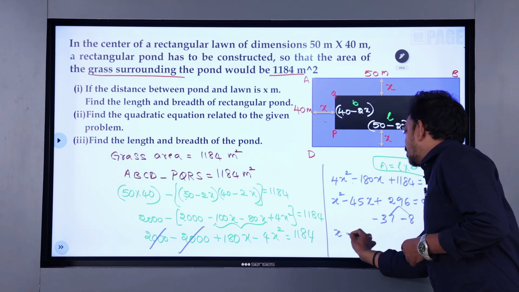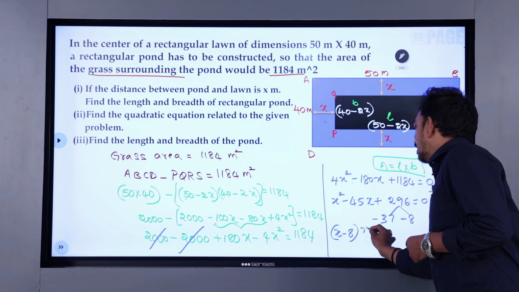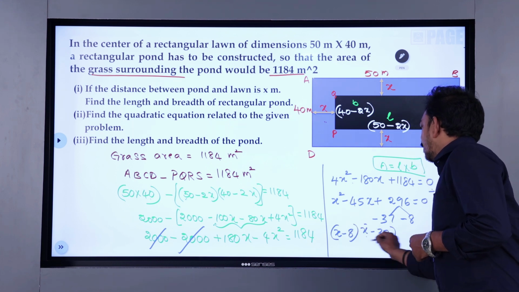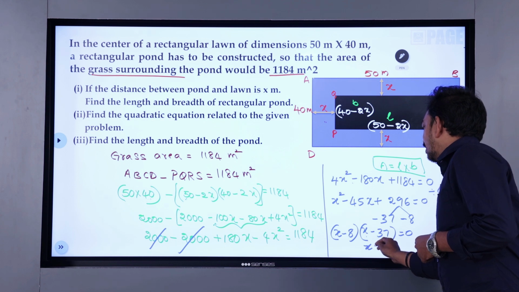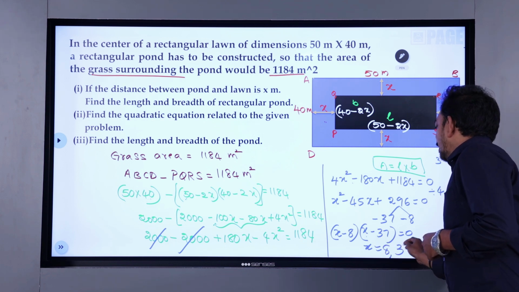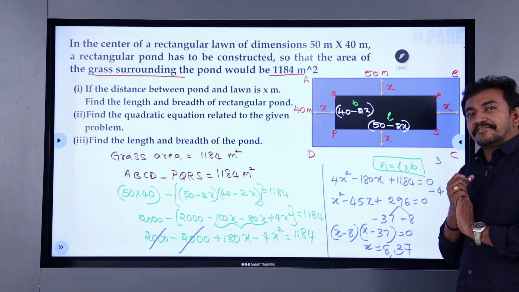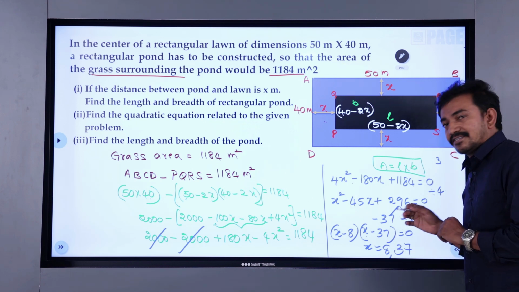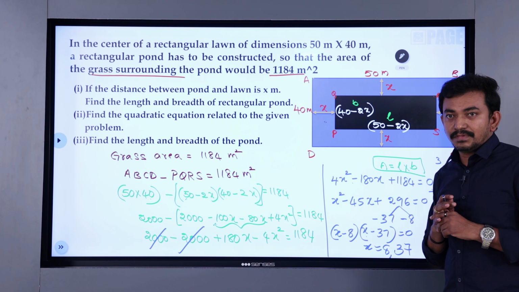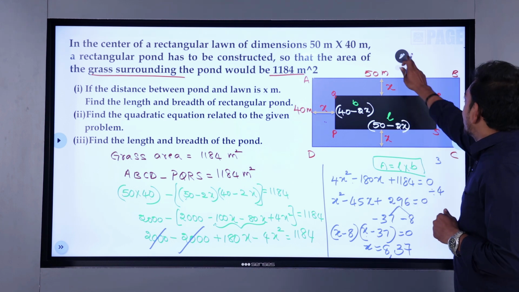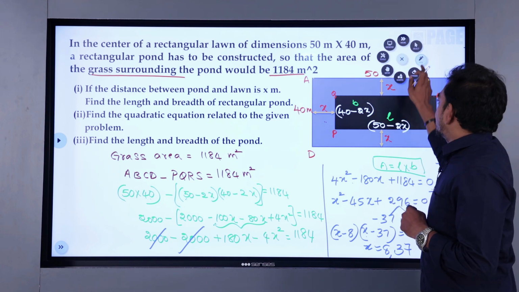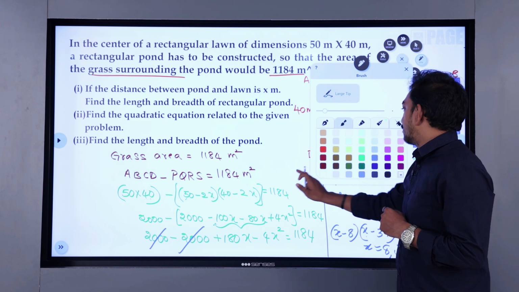So this expression can be written as x minus 8 into x minus 37 equal to 0. We got x values as either 8 or 37. Now which value to consider for x? Should I take 8 or 37? Let's cross check with the question by substituting.